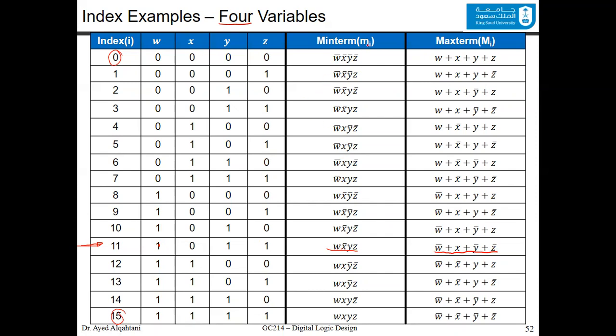And again, the index here starts from M0 up to M15 in the min terms, and for the max terms, from M capital 0 up to M capital 15.